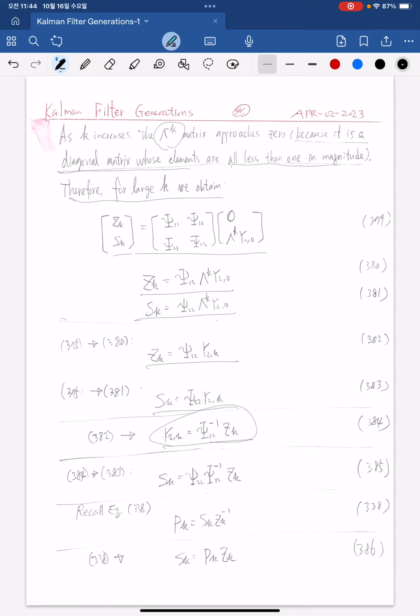sk는 그냥 384를 383에다 넣으면은 어떻게 돼요? 이렇게 돼요. PK, SK 돼요.